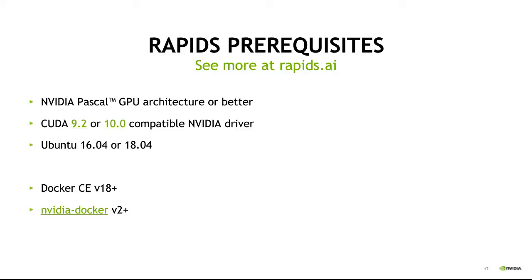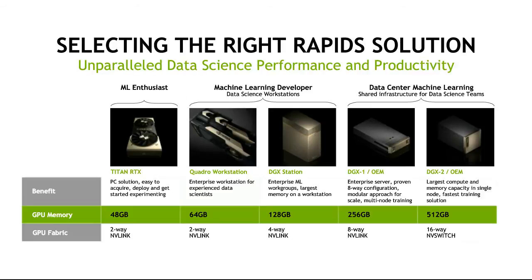There are NVIDIA solutions for each part of the data science lifecycle, from early experimentation to large-scale data center applications. Early exploration can be enabled by our brand new Titan RTX. This is a powerful computing solution that anyone can acquire and begin seeing immediate results with. This is a great way to get started.